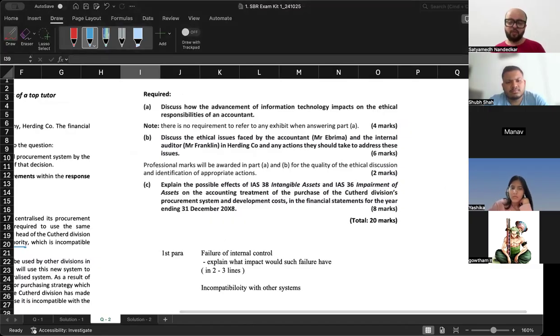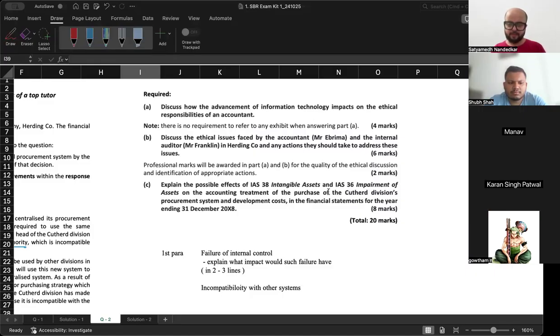What do you mean by potential short-term technological obsolescence? What is technological obsolescence, first of all? Due to advancement, the technology becomes outdated.